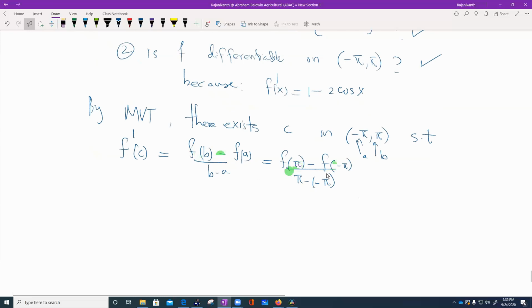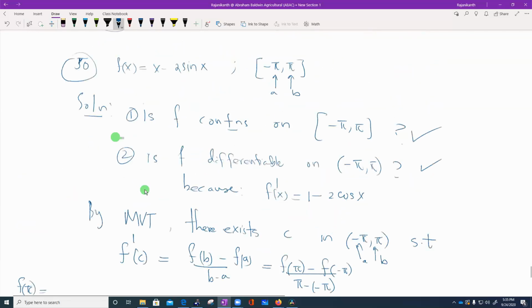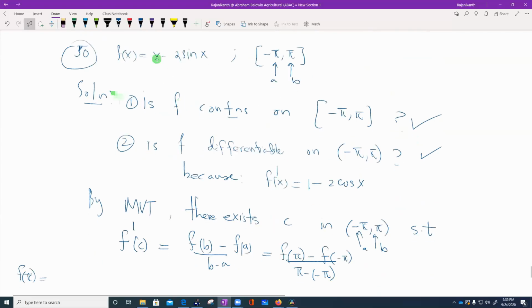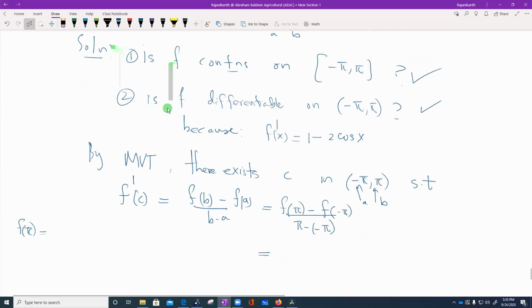So could you simplify this? Okay, so I need to find out now f of pi and f of negative pi. So what is f of pi? Simply plugging pi into my given function. Remember our original function is x minus 2 sine x. So if you plug pi in, you will get f of pi is pi minus 2 sine pi.